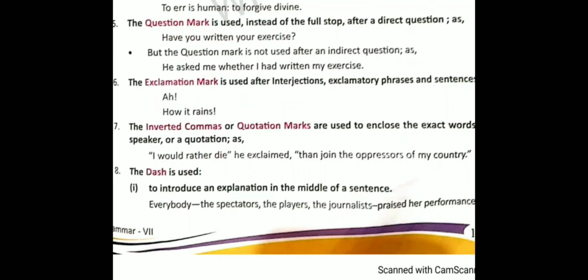Dash. Okay. Here: everybody, dash, the spectators. So what is it indicating here? The spectators. Okay. And the journalist, you can see, dash, praised her performances. So who praised her performances? The journalist. All right.